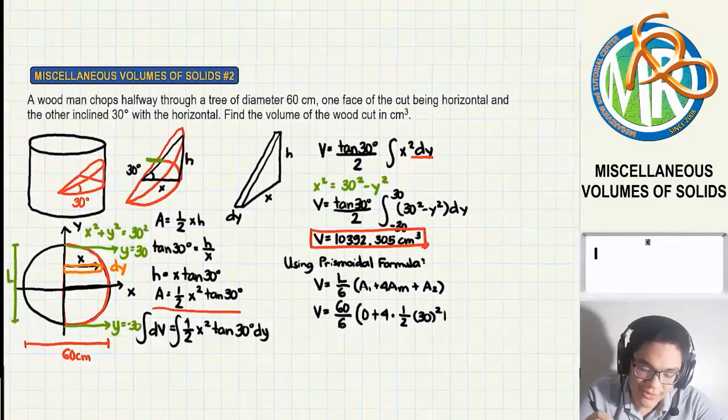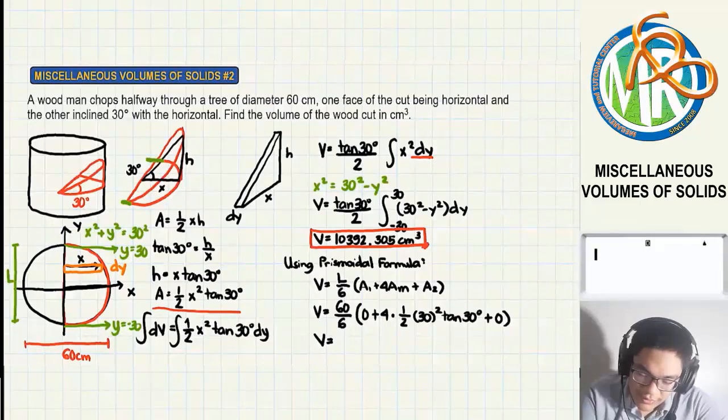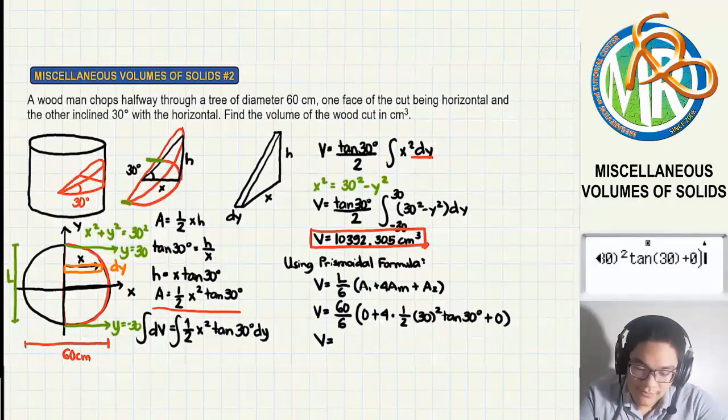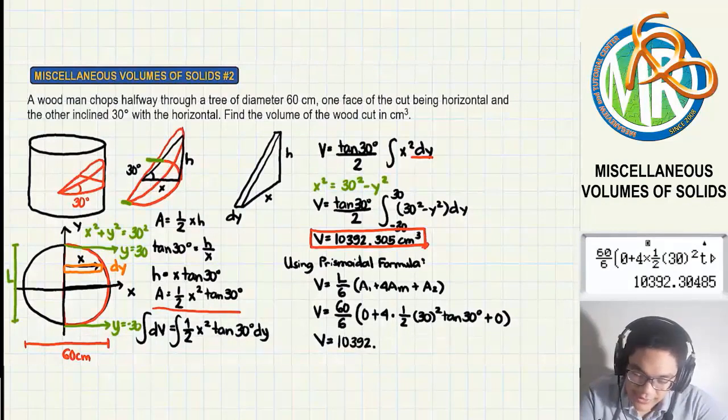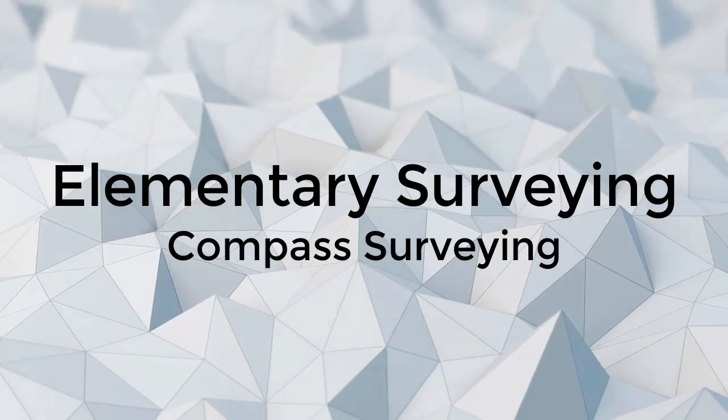So, substitute lang natin dun sa equation, no? Okay? Substitute lang natin dun. So, dito sa bottom, kapag nag-cut tayo ng plane, ang area uli natin ay 0. Okay? So, ang volume na masasolve natin dito ay same pa rin, no? So, 10,392.305 cubic centimeters, no?